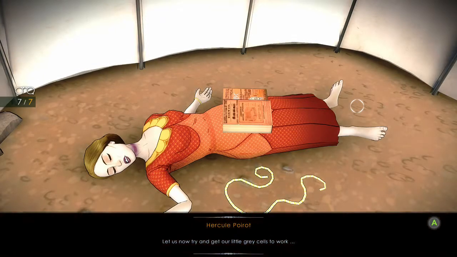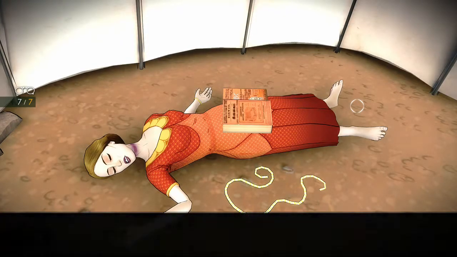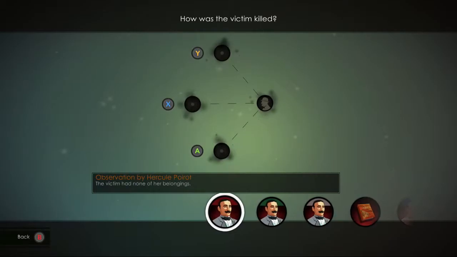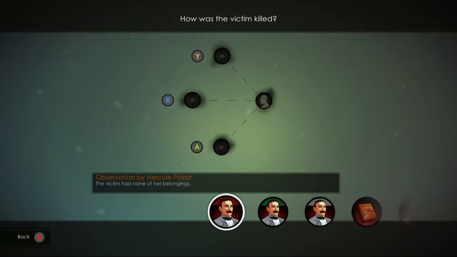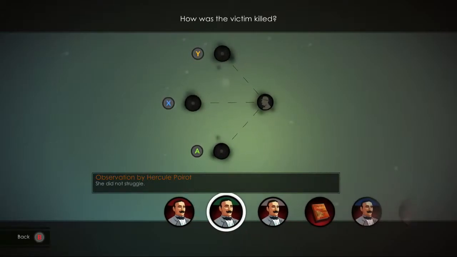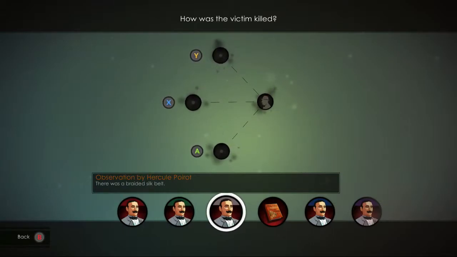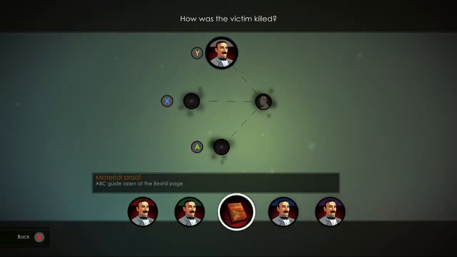Let us now try and get our brain cells to work. The victim had none of her belongings. How was the victim killed?